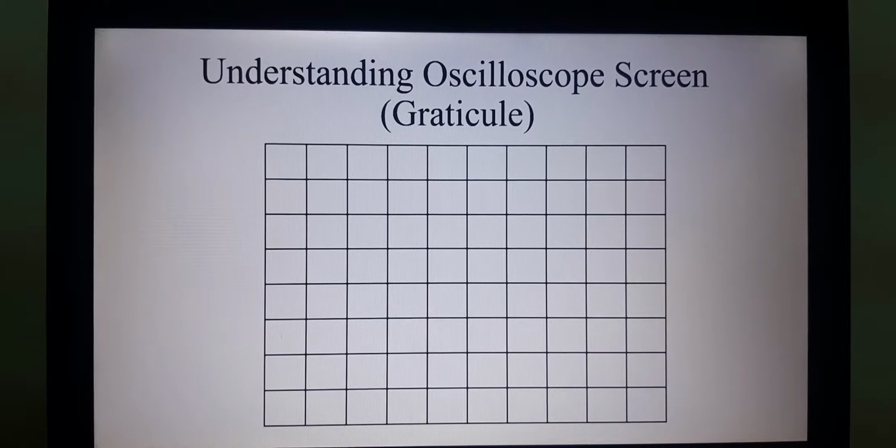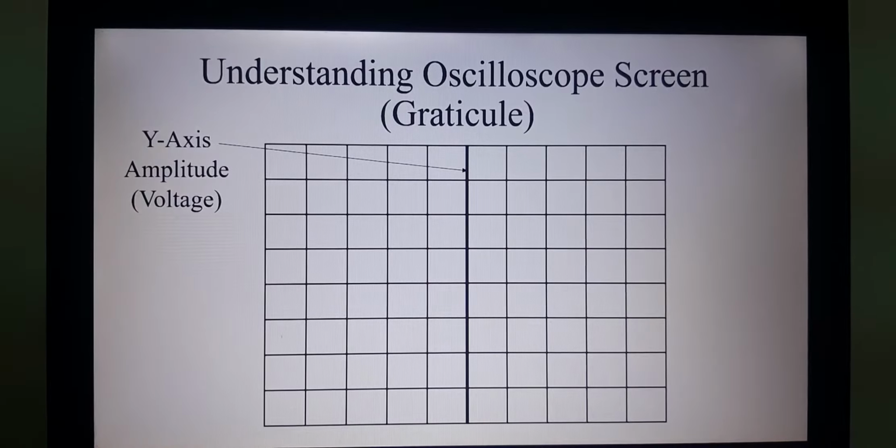So here is the display, the graticule, 8 by 10 centimeters, meaning 80 boxes inside. We have the vertical line as the y-axis that represents the amplitude or voltage. We have the horizontal line that represents the x-axis, meaning time in seconds.